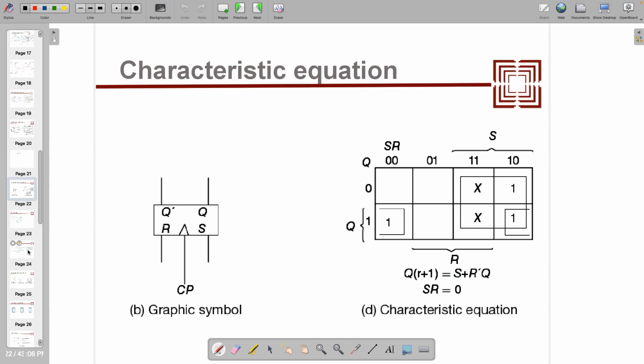We are going to make them don't care. So both will be X X, and you can find out the answer. That will give me Q(t+1) = S + R' Q. You can write this down somewhere and use it later wherever it's required. This equation is known as the characteristic equation.